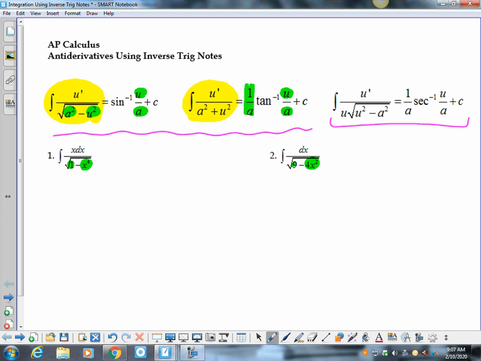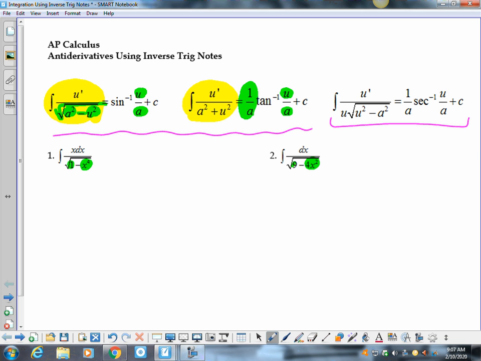So think about it this way. Sine has this extra root and this extra minus that tangent does not have. But when it kicks out the answer, tangent has this extra 1 over a in front of it. So really your job is to find a and u and then to use the formula.